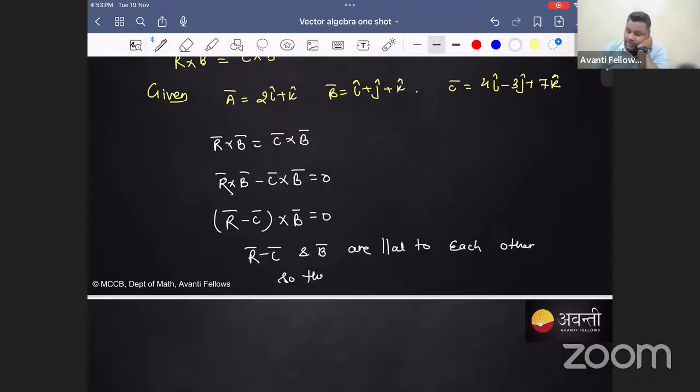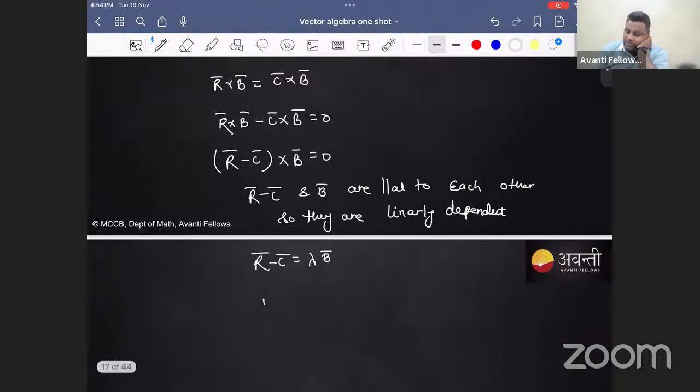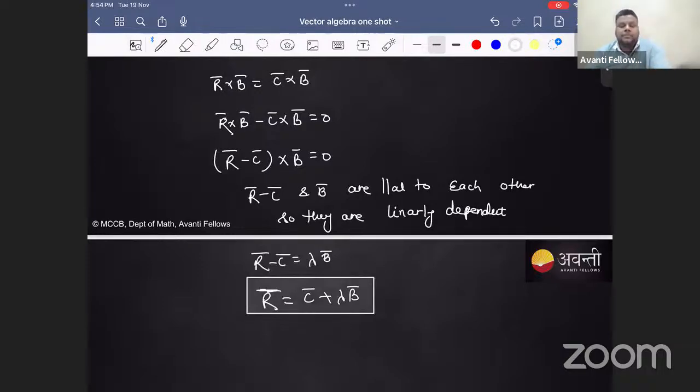So they are linearly dependent. Am I correct? So this R minus C will be lambda times vector B. So vector R will be what? R will be C plus lambda vector B. Am I correct?